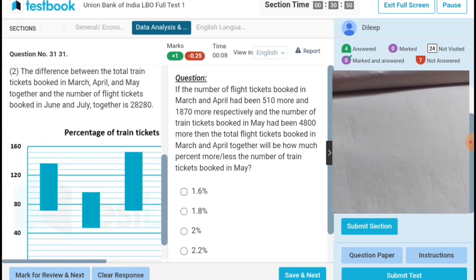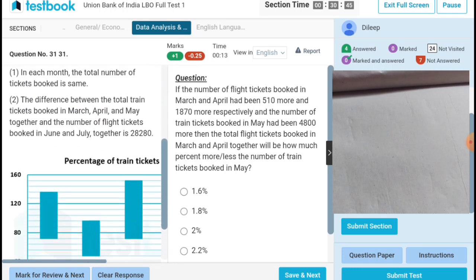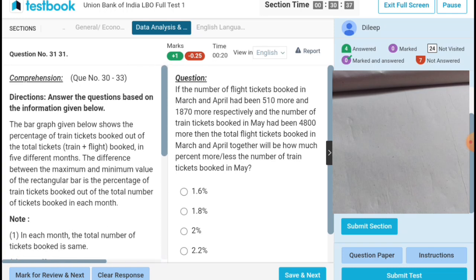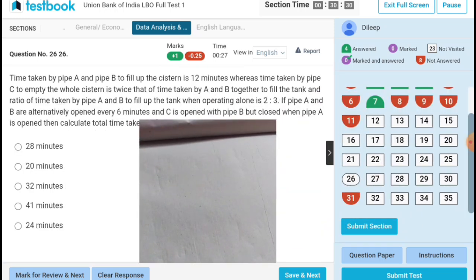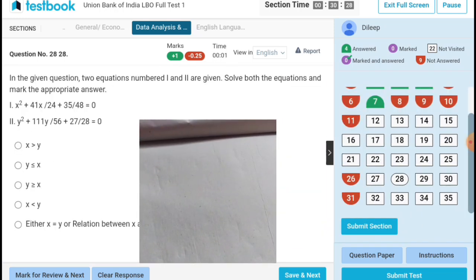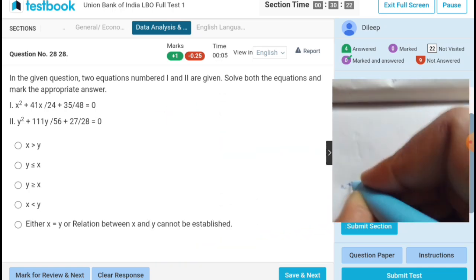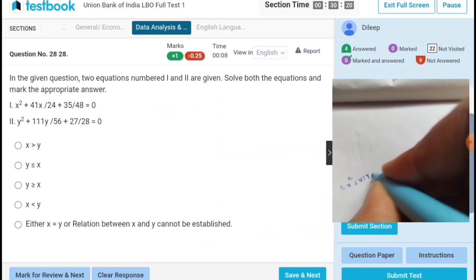The total number of tickets in the difference between the maximum and minimum value of rectangular bar is 2x square plus 41x plus 35.